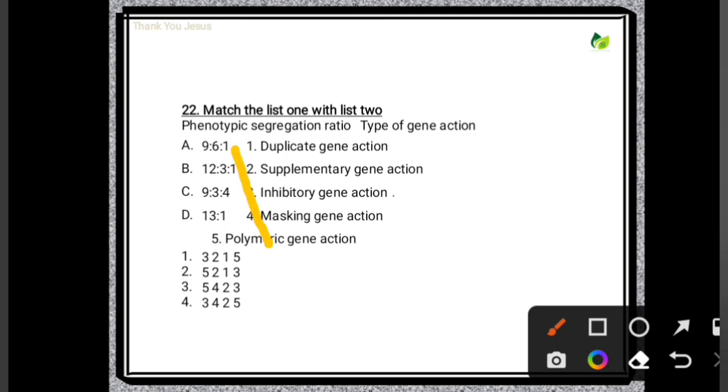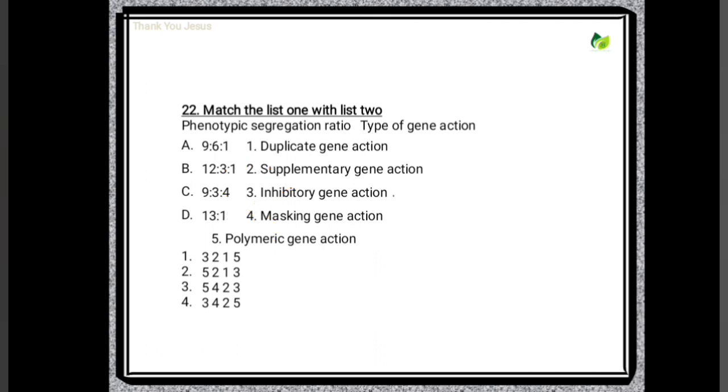That means the fifth one. 12:3:1 belongs to masking of gene or epistasis of genes. 9:3:4 is related to supplementary gene action. 13:1 is related to inhibitory gene action. These are the interaction of gene ratios. We have to match them accordingly. So the third one is the correct answer. Okay, let's see the next question.